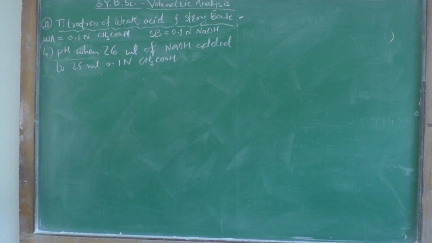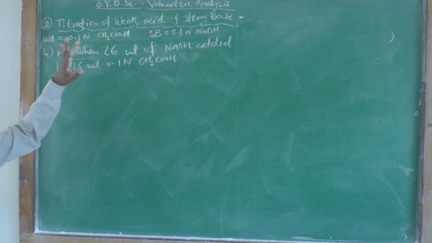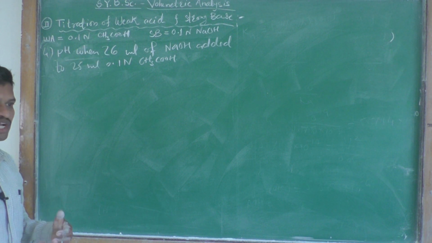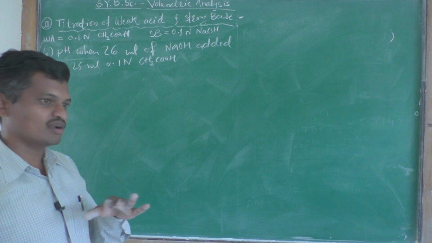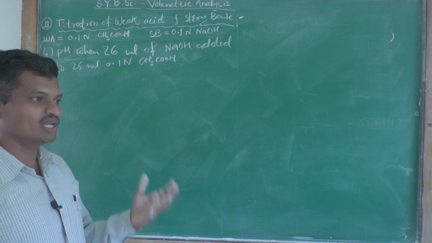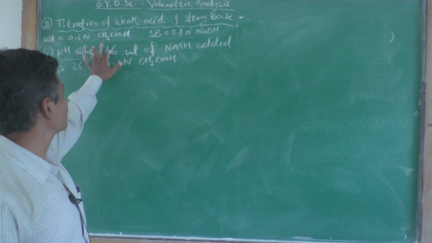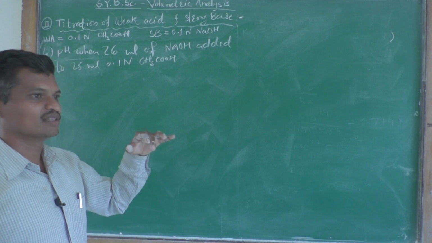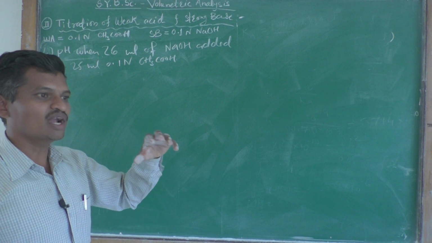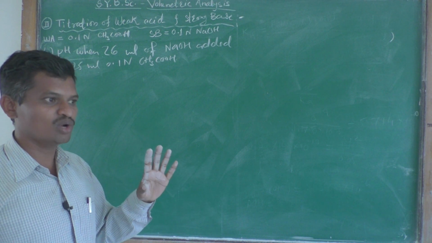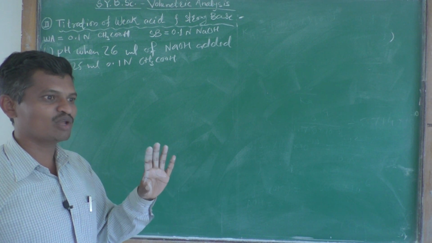Now what is the situation? Up to 25 ml, all the acetic acid which was taken in the conical flask gets neutralized by the 25 ml of NaOH added. Now in our conical flask, 26 plus 25, the total volume will be 51 ml, and only the unreacted 1 ml of NaOH is remaining.